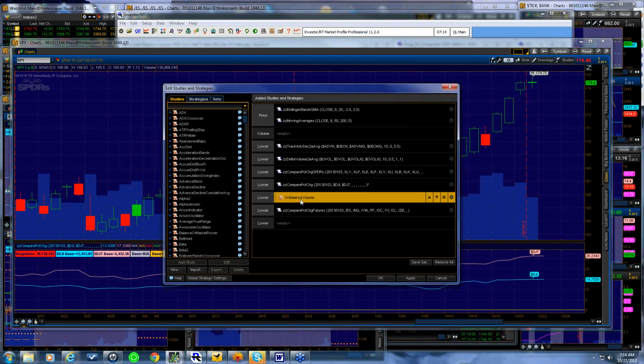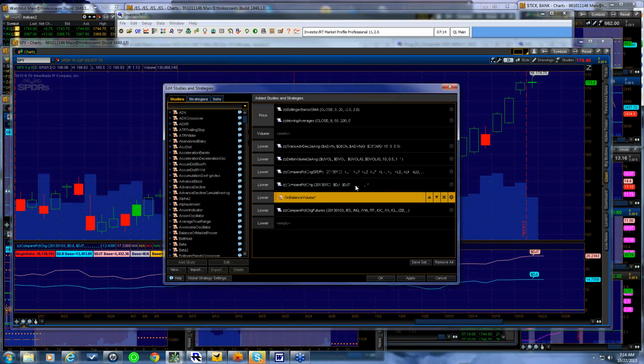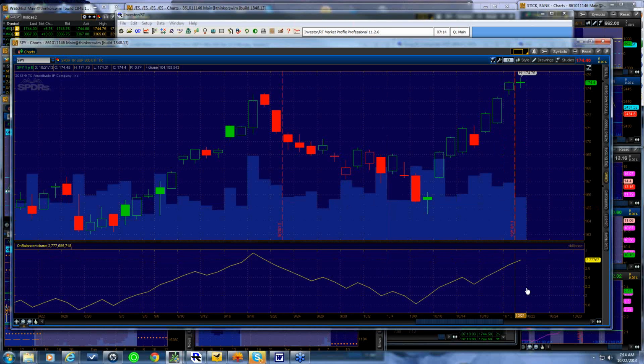Now let's take a look at on-balance volume. We haven't looked at that for a little bit. And while we have a higher high here, we actually have a lower high here. And this is using the SPY, compared to our prior all-time high.